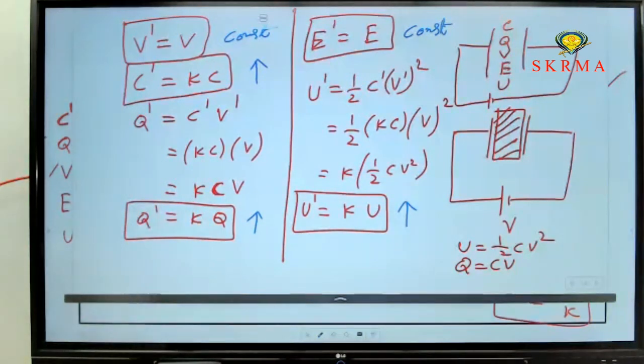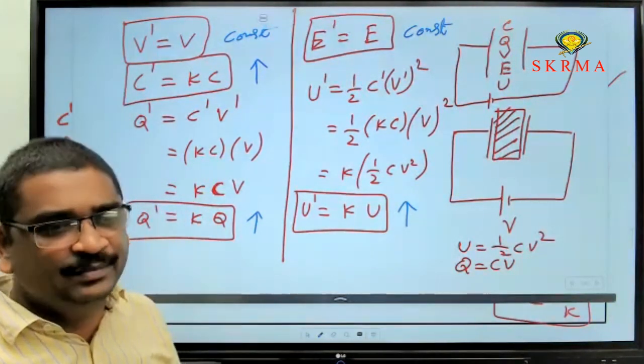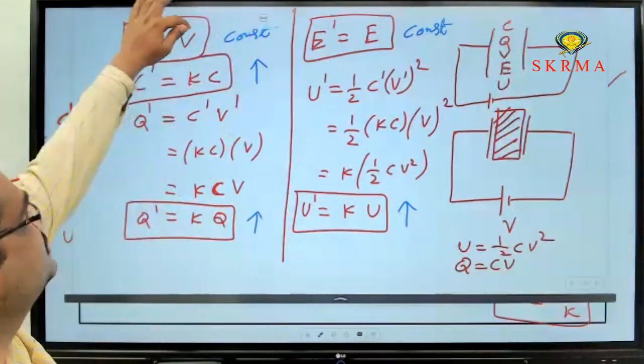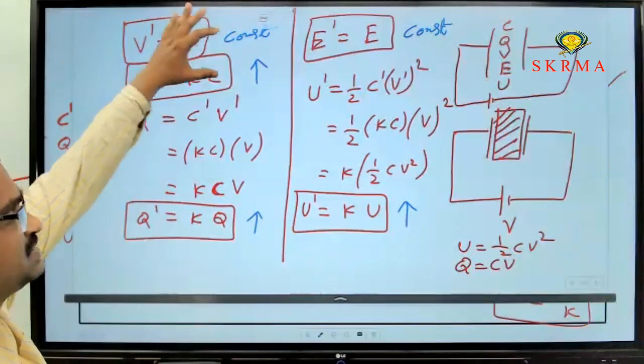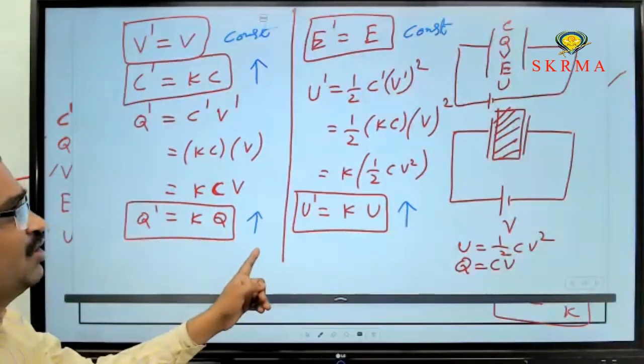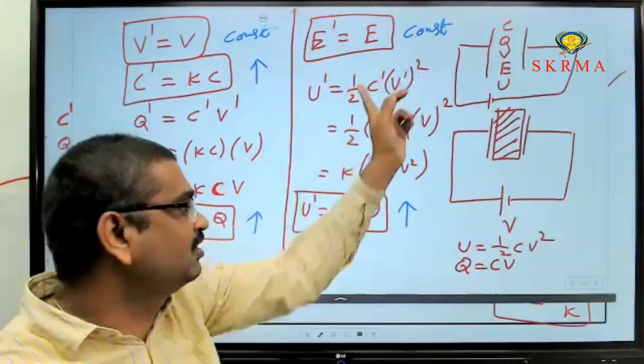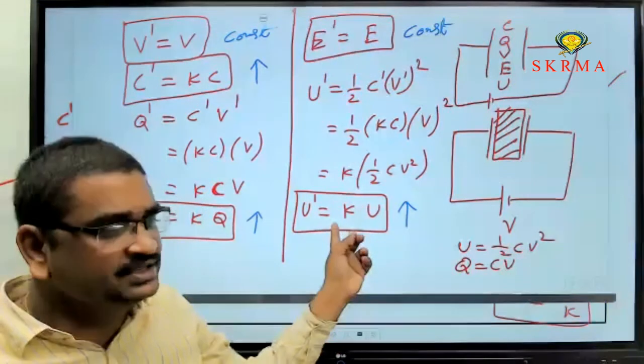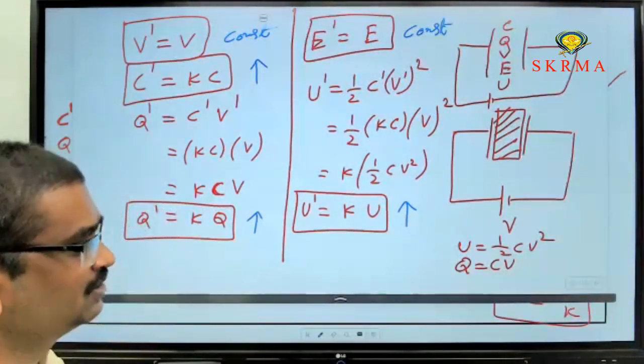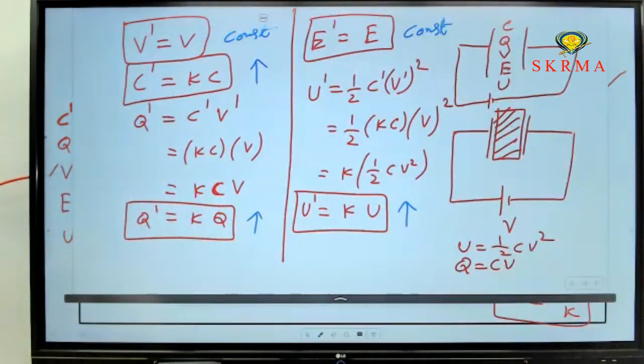So if you place a dielectric when battery is connected, then potential is constant, capacitance is going to increase, charge is going to increase, electric field is constant, U dash energy also going to increase. So these are the conclusions when a dielectric is inserted when it is connected to battery.